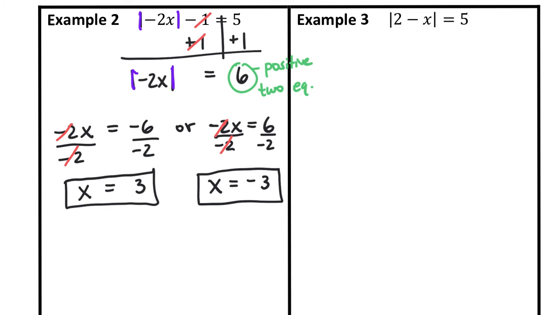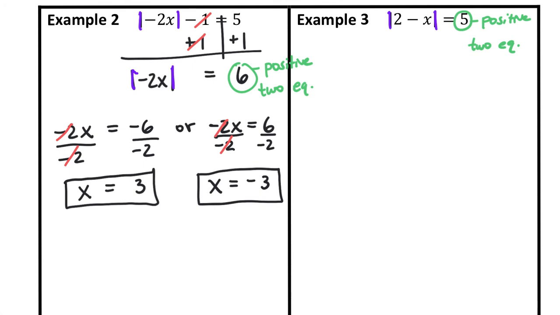All right, let's look at the next equation. Oh, this one is pretty nice. It's already equal to a number, and it's equal to a positive. So that means I'm going to end up with 2 equations.